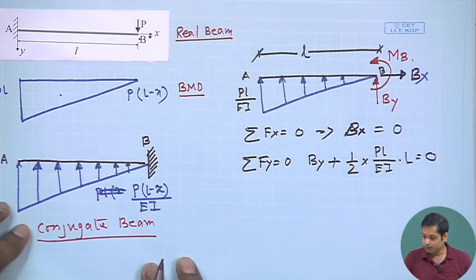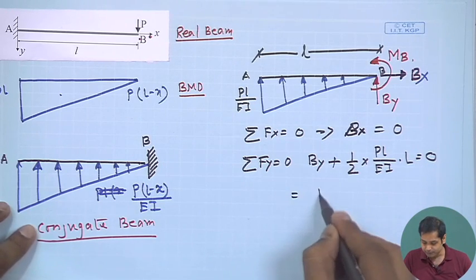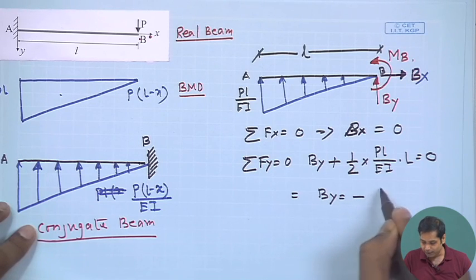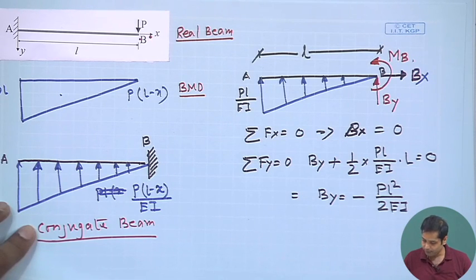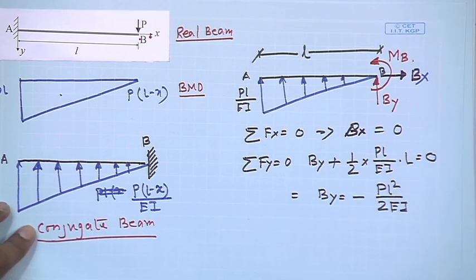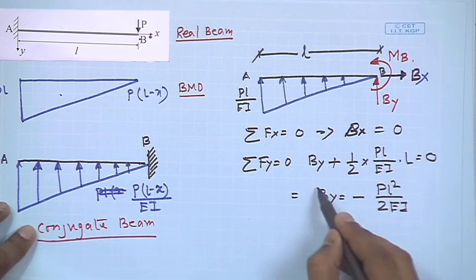Okay. So, this gives me By is equal to minus PL square by 2EI.